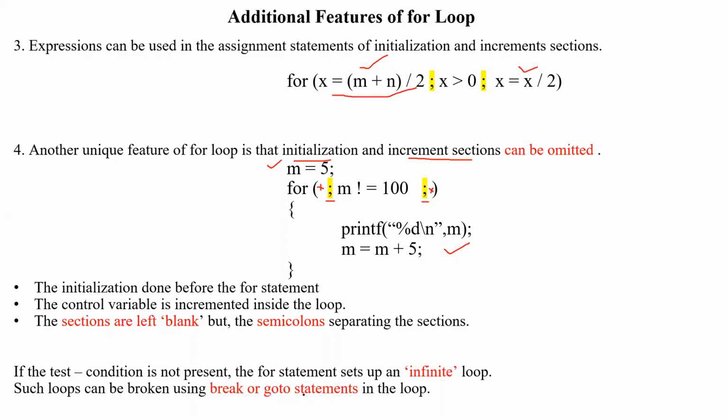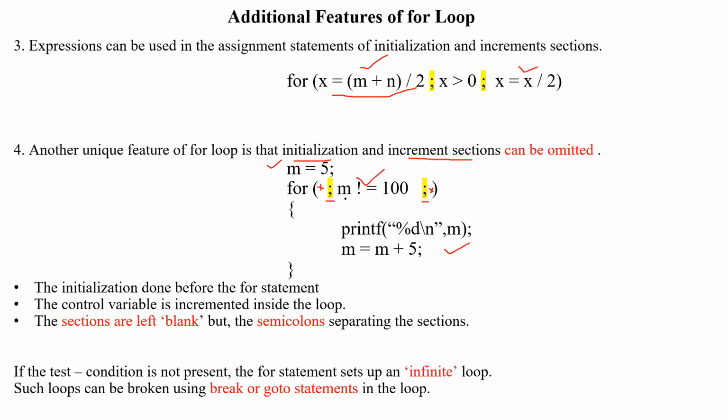Here, if the testing condition is not present, then the for statement will become an infinite loop. Suppose I have mentioned only the testing expression within the condition bracket. What is the main thing of a for loop?